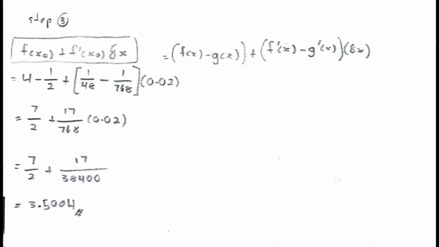The last step, we use the linear approximation formula: f(x0) plus f'(x0) multiplied by 0.02, which is f(x) minus g(x) plus f'(x) minus g'(x) multiplied by 0.02, and we got the final answer, which is 3.5004. Yay!